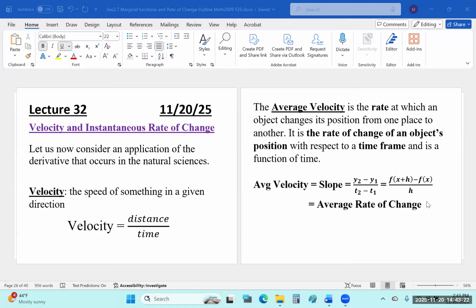When you have a profit function, its derivative is marginal profit. And we also mentioned for the revenue, it's X times price per item. And if you don't have price per item, then it's demand per item. So X times demand or X times price.